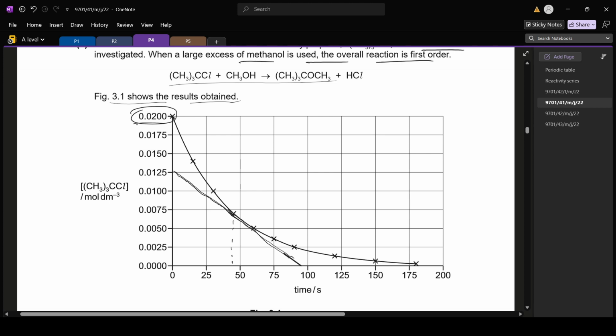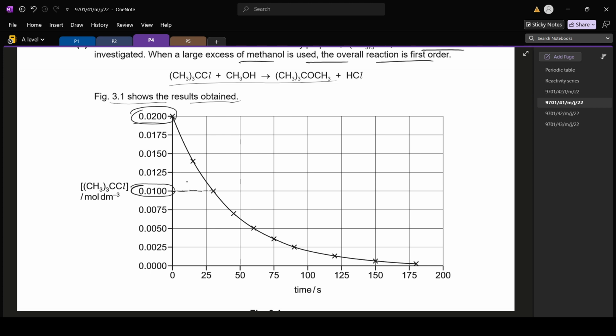Then take half of this. Half of 0.02 is 0.01.